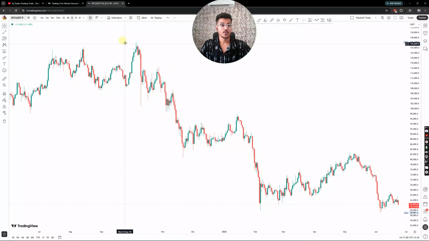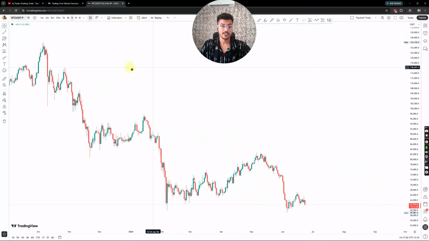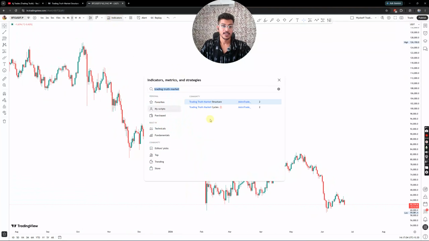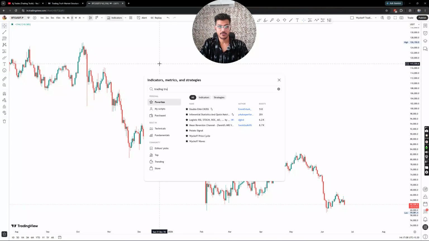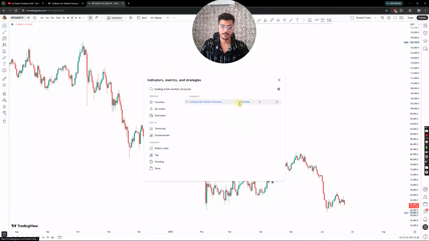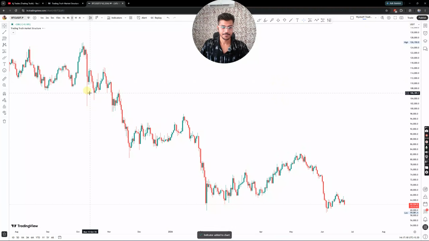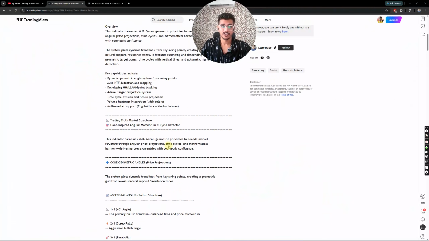What you need to do is go to your chart, go to indicators, and just type Trading Truth Market Structure. Right here you can add it to favorites and then click on it. It will add all the market structure that you're seeing here.